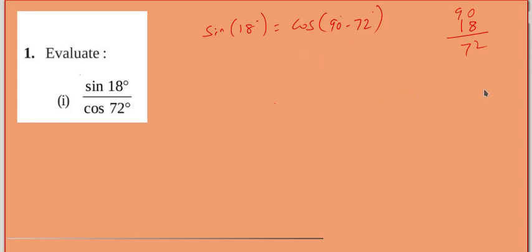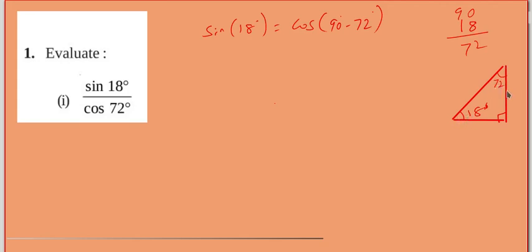Suppose we take a right triangle, where here it is the right angle and one of the angles is 18 degrees. So for this, what is the complementary angle? It is 72 degrees.